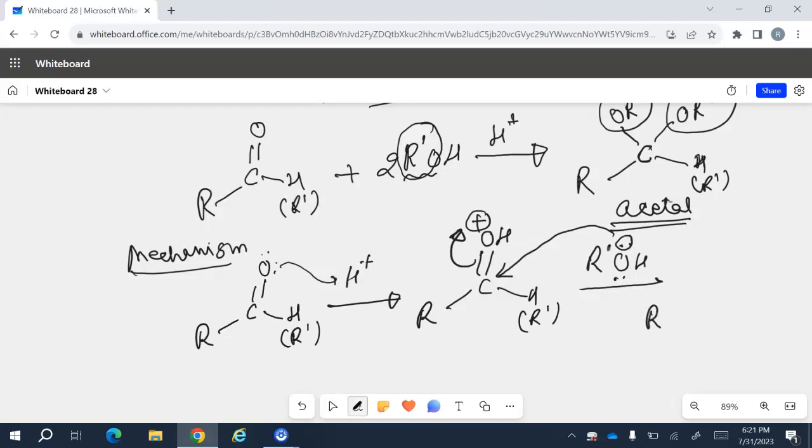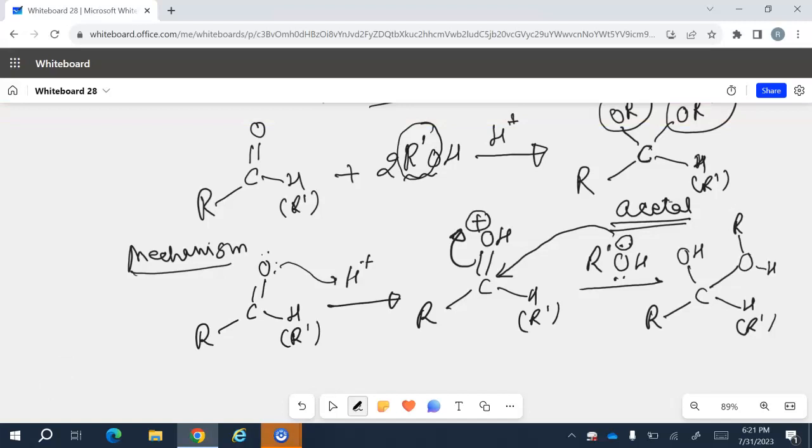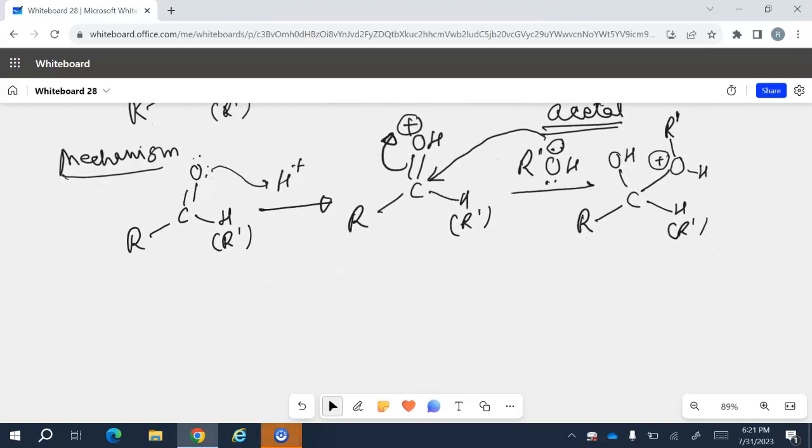The result now is RCH or R', and this has now been converted into OH, and it has here an OR', the R' also. Now look at this. This oxygen now has 3 bonds, so it has to have a formal charge of plus on the oxygen.